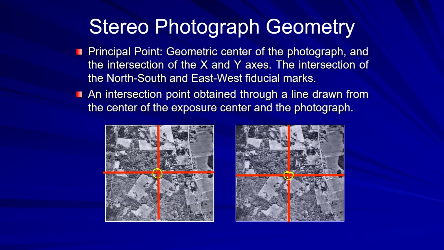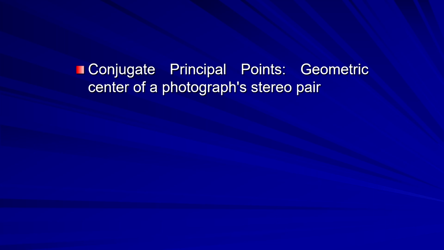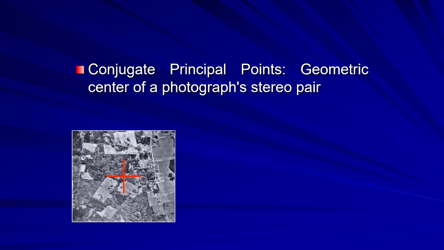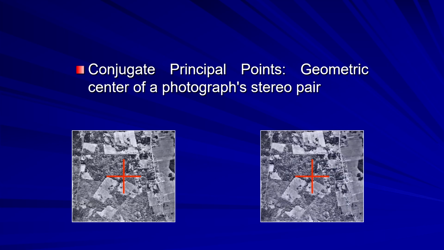Now, sometimes it is also felt that you need to have conjugate points for better alignment and understanding, or for identifying the line of flight. For example, for image 1, this is your principal point, and for image 2, this is your principal point.